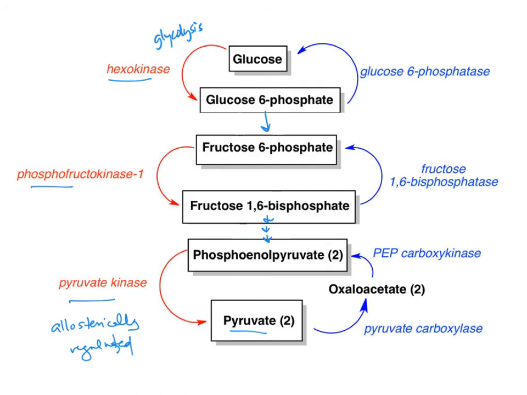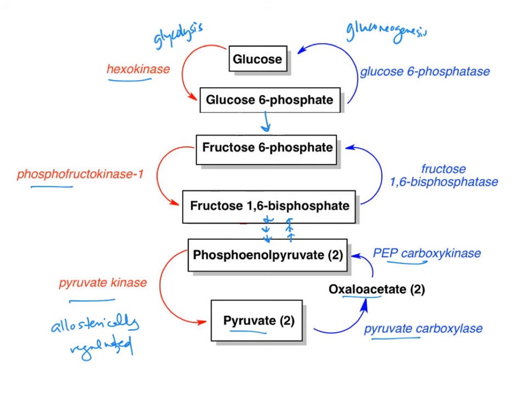Now, running in the opposite direction is gluconeogenesis. We start with pyruvate at the bottom here, and we use two enzymes to bypass pyruvate kinase, going through oxaloacetate. From PEP, it takes several steps.